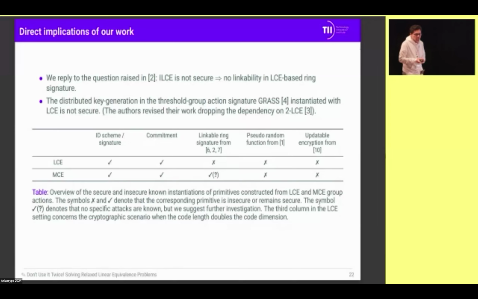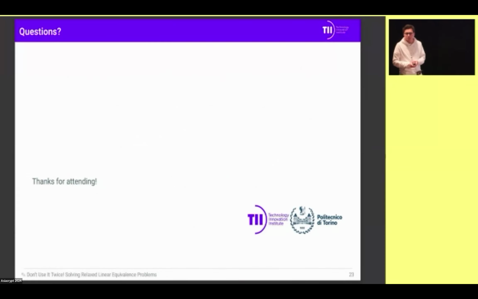For MEDS, for matrix code equivalence, we cannot say anything else. We cannot say whether the linkable signature is secure or not, because we couldn't find a way to exploit the structure of the secret matrices. For monomial, the matrices are very nice. That's all.